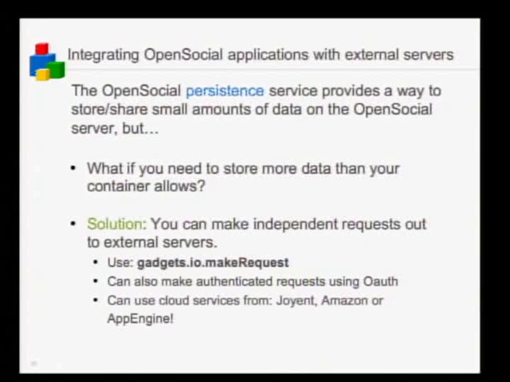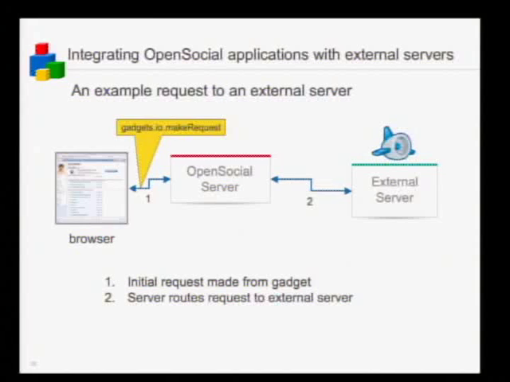As an example, I know some companies in India that have a lot of games, and they like to allow people to share or compare their scores. And so this is a lot of data from thousands of users. They would overrun their environments on the OpenSocial servers, but they just tie into their back-end servers to store this data. In this case, you could use something like App Engine to be the data provider or the data repository for your application.